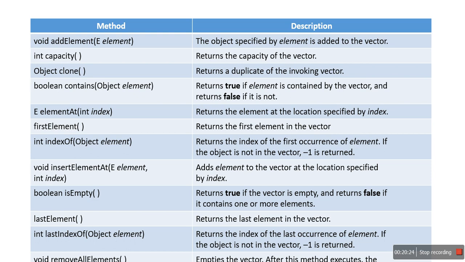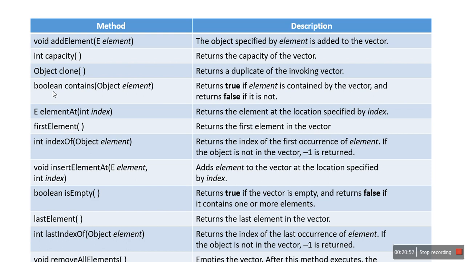If you call the clone method on a vector v, that is v.clone(), it returns a duplicate of vector v, and you assign it to one more vector object. That is why the return type of the clone method is Object.